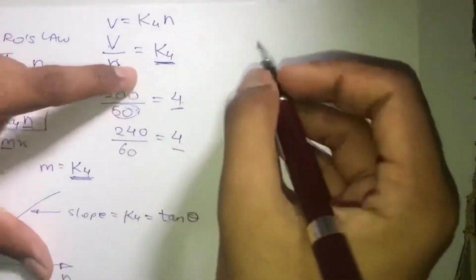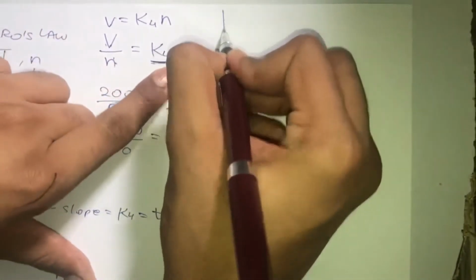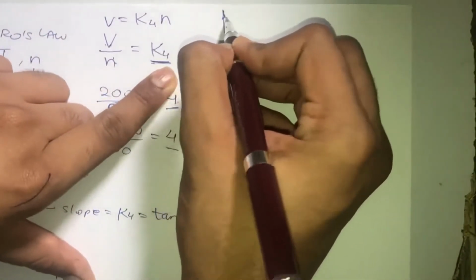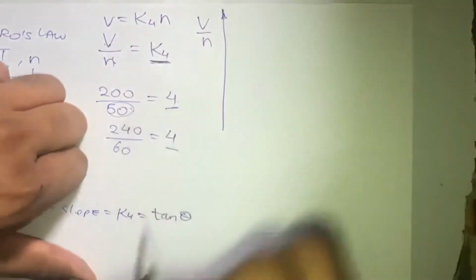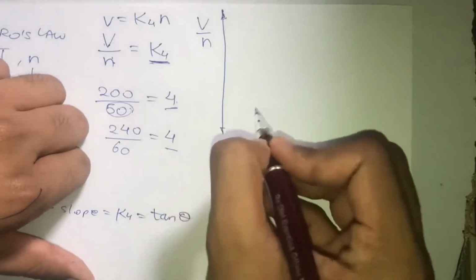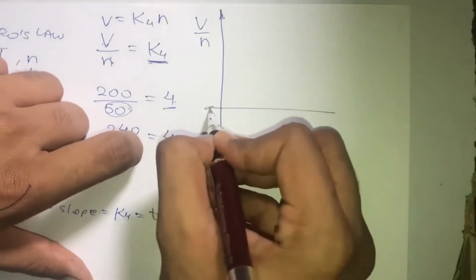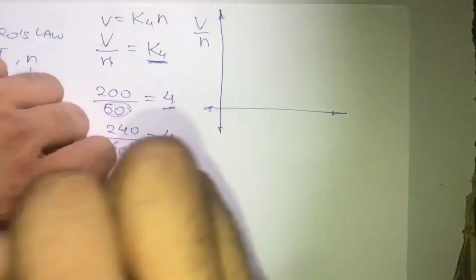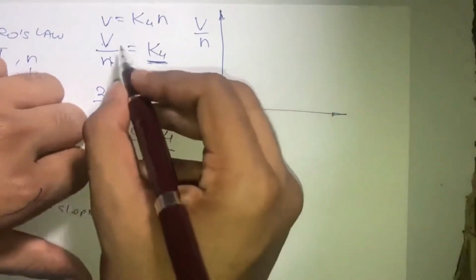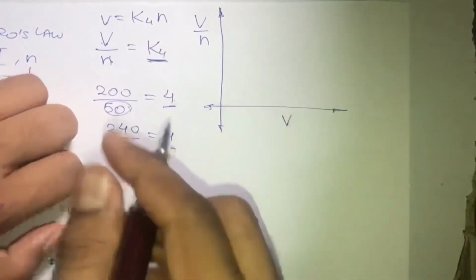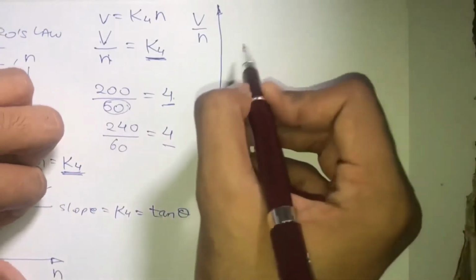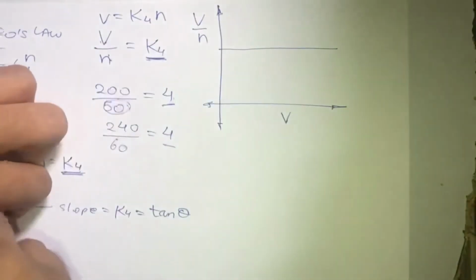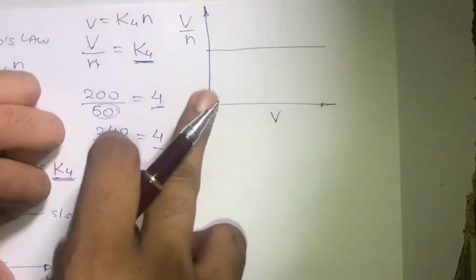So here I draw a graph where on the y-axis I take V upon n, and on the x-axis I am going to take the volume of a gas. So even though you change the volume from 200 to 240, the V upon n ratio is always going to remain the same value.